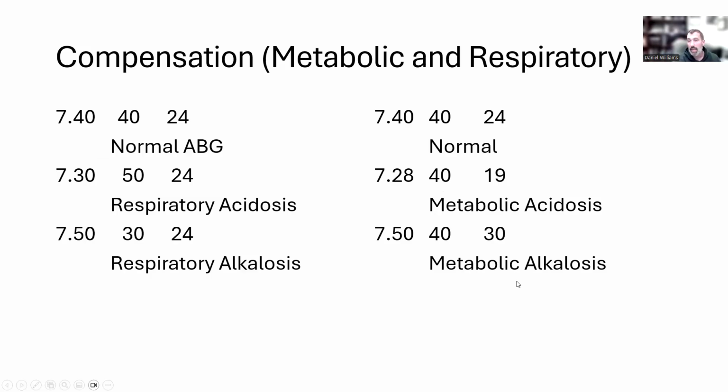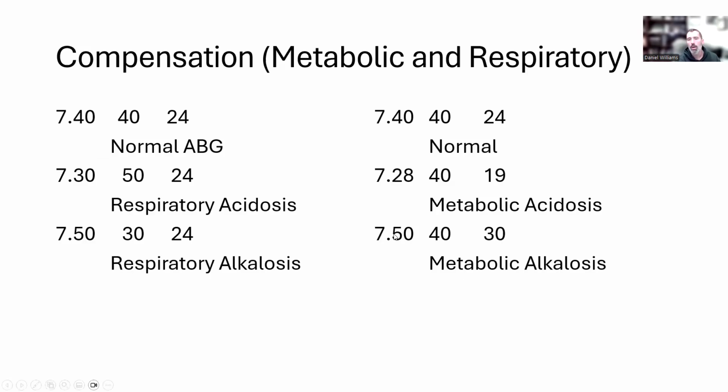So now we have to look at if the body were to try to fix this, how would it do it? And you have a metabolic problem, so you're going to look to the respiratory system to fix the issue. So that's also going to be important. Identify the problem with your acid-base disturbance, and then if you're trying to assess for compensation, the other system is going to compensate for them.